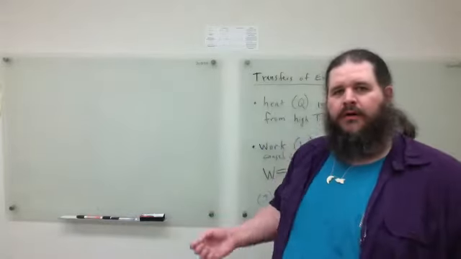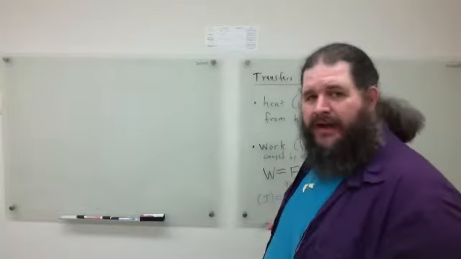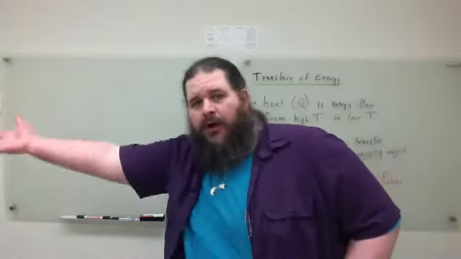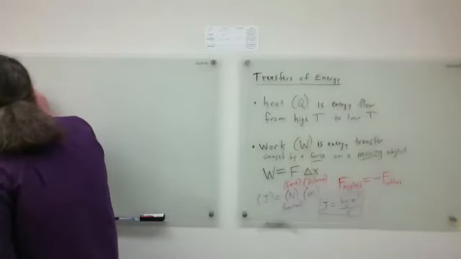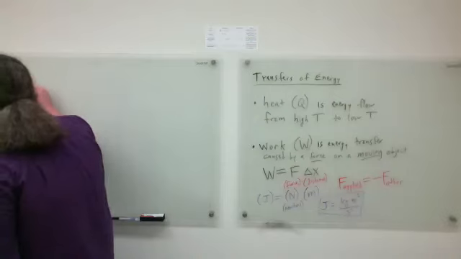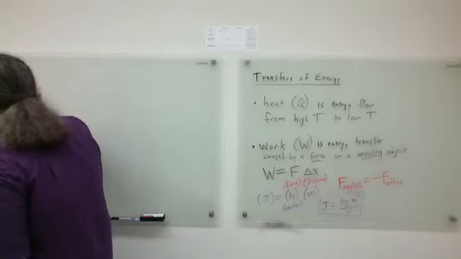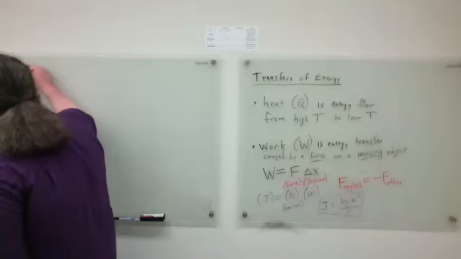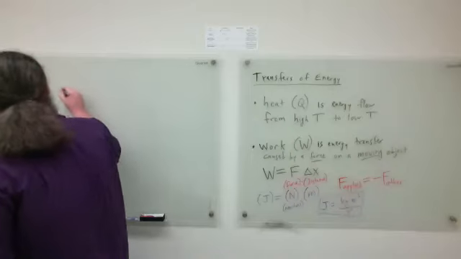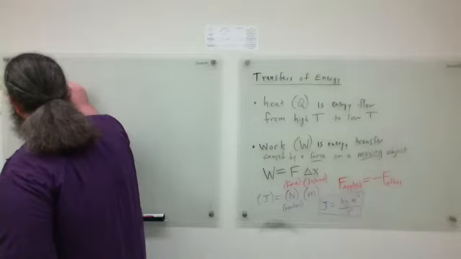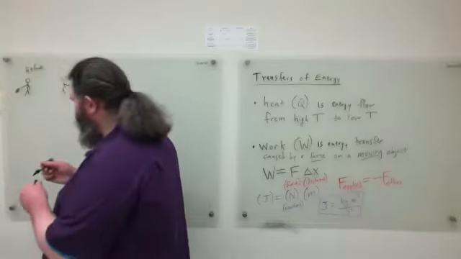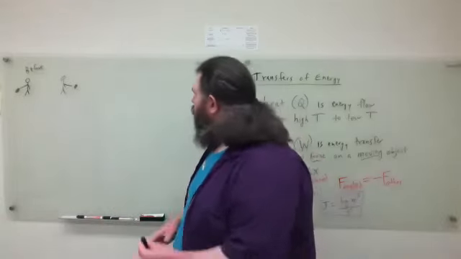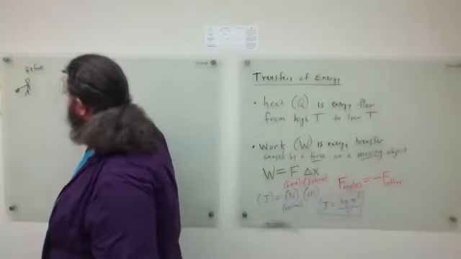Let's say you are throwing a bowling ball. You've got this bowling ball in your hand, you reach back and you throw. So before, you have the bowling ball at rest behind you.